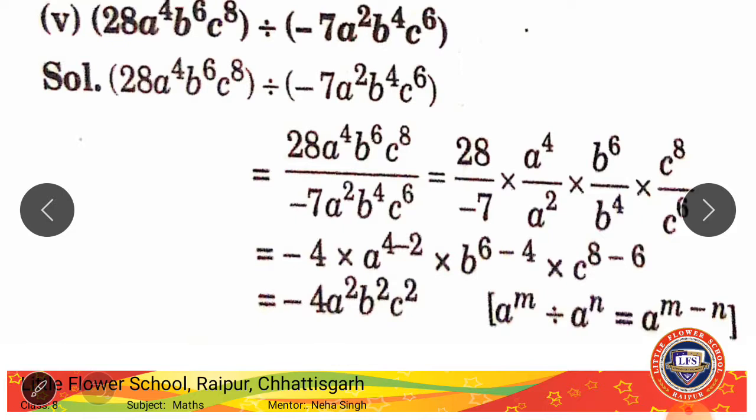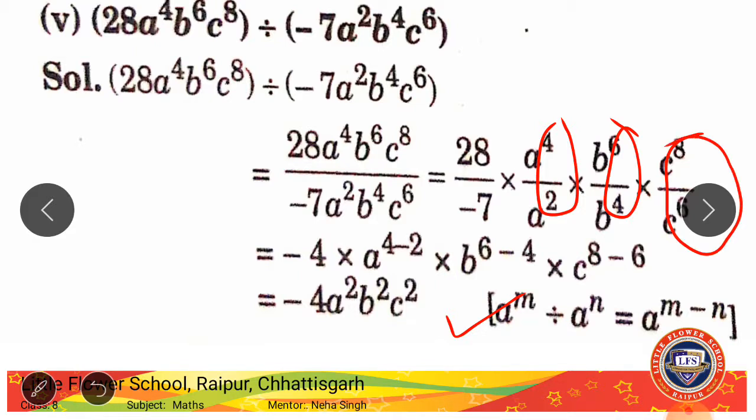So you can use this exponents property here again. So a will be 4 minus 2, b will be 6 minus 4 and c will be 8 minus 6, right? So where does this minus sign come from? We'll cancel this, 7 4s are 28, and this minus sign will come here, right? So minus 4 a square b square and c square.